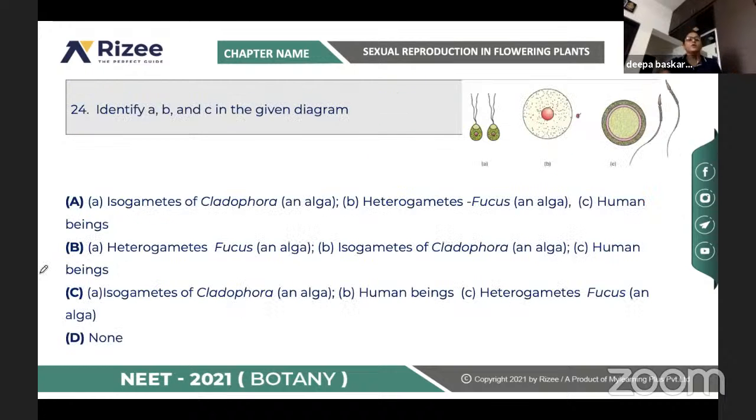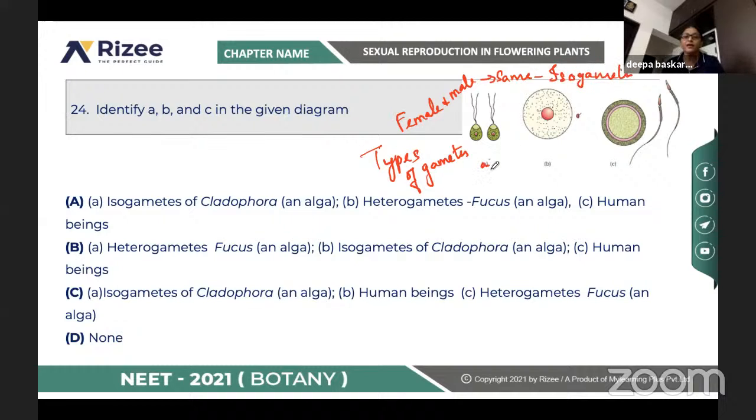Okay. So identify A, B, C in the given diagram. This is again from reproduction in organisms. These are types of gametes. Gametes, both female and male, may be the same. If they are the same, they are called isogametes.